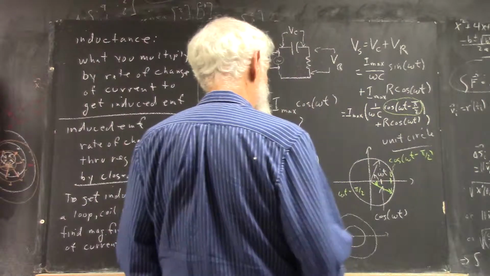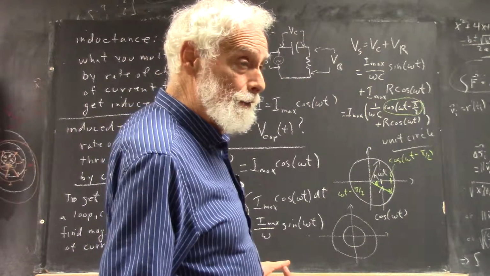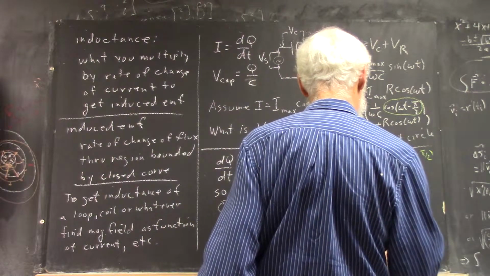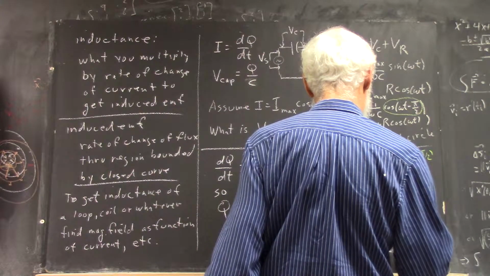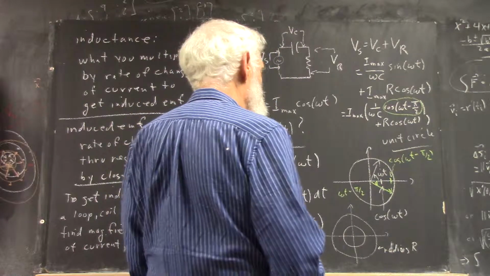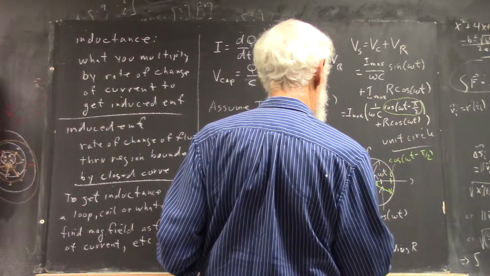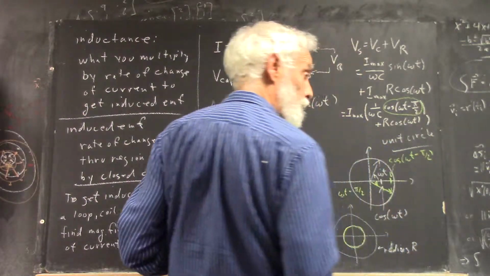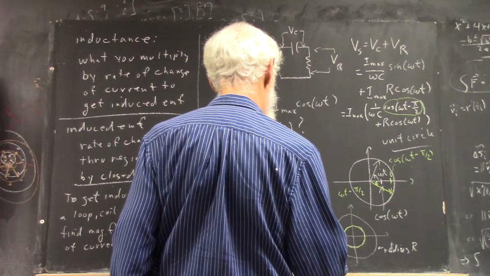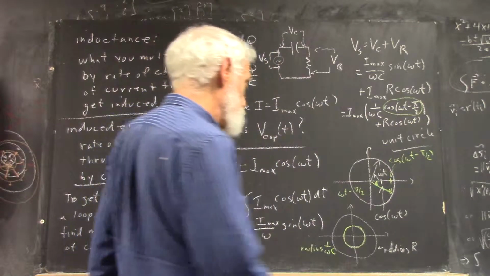Okay? So I don't know, which one do you want to be R, which one do you want to be 1 over omega c? Well, I'm going to make this radius R here. And I'm going to let this one, kind of coating it in green to go along with the circle I've got here, I'm going to call this radius 1 over omega c.